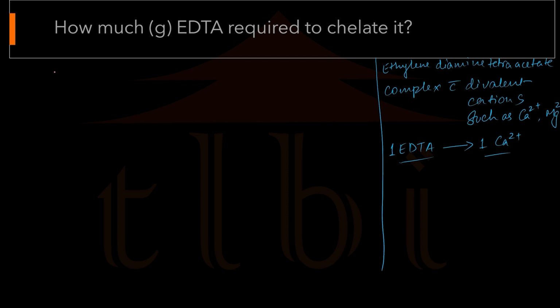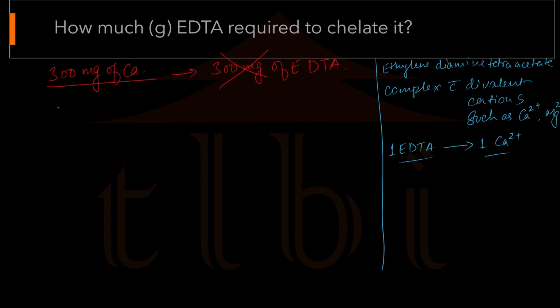Now we have 300 milligrams of calcium, right? So does that mean we need 300 milligram of EDTA, right? No, it's not. Okay, so how do we find out that?